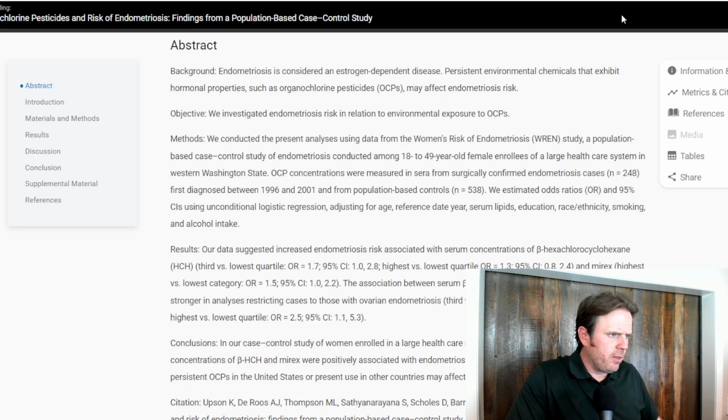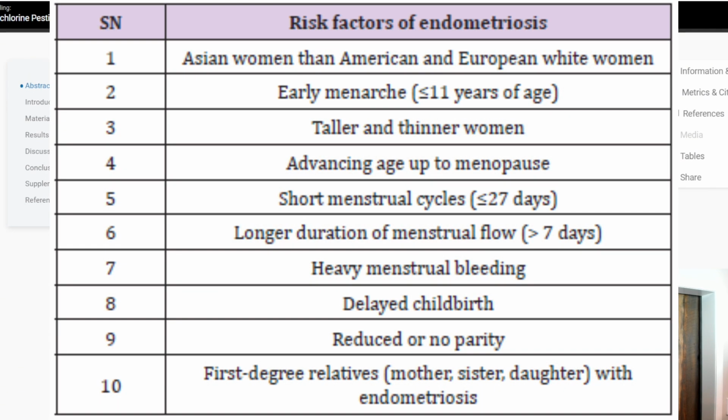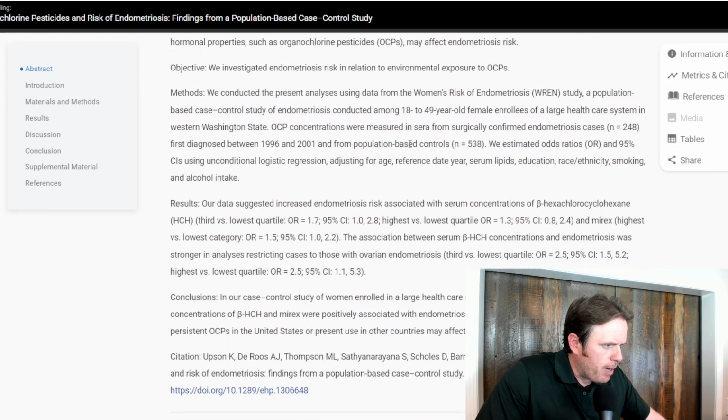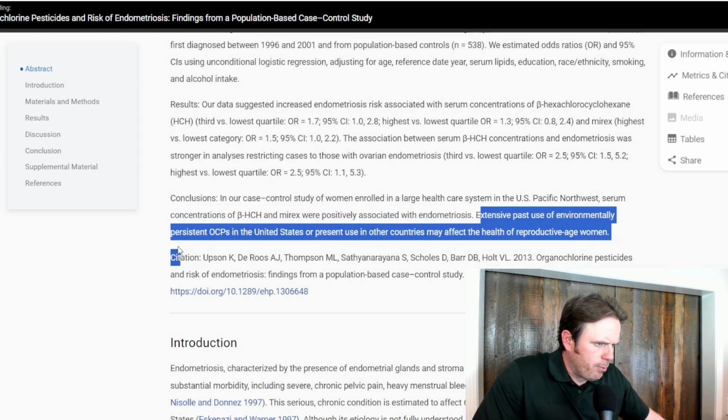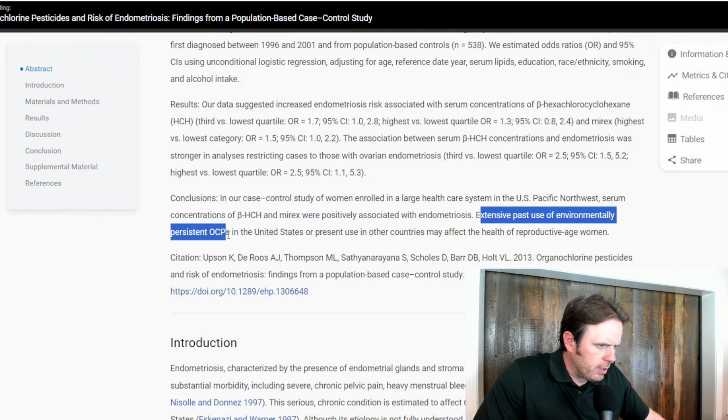In this study, they conducted analysis of the Women's Risk of Endometriosis study population, a case-control study of women enrolled in a large healthcare system in the Pacific Northwest. They were looking at various organochlorine pesticides, extensive past use of environmentally persistent organochlorines. These are the big common pesticides.